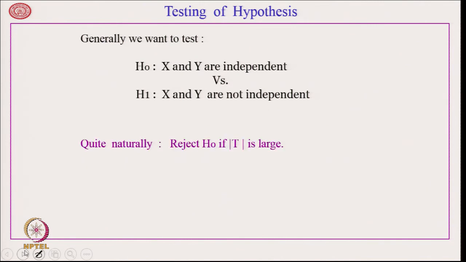So, what we try to do? We try to compute the value of tau and we reject H naught if the measure is large.